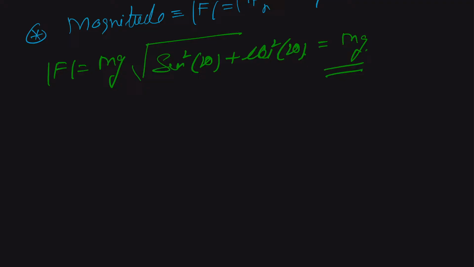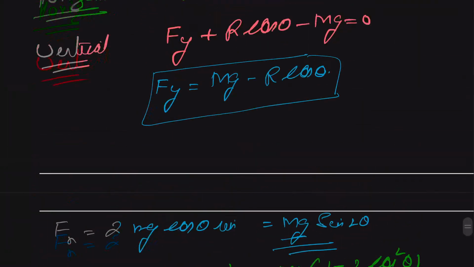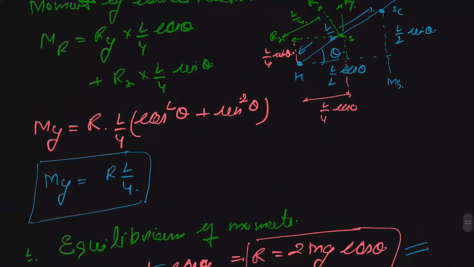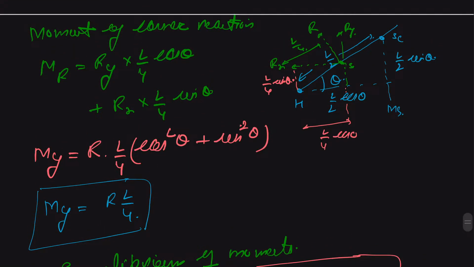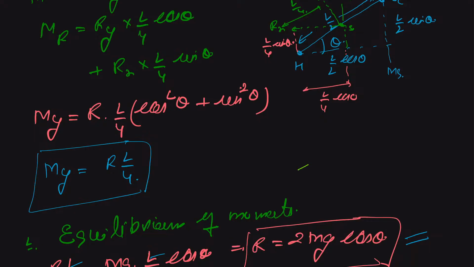Okay, and basically this F is independent of our theta. So it means that our force F, let me draw this here, so this was our hand, and force F was having two components, F of x as well as F of y, and the resultant is our F, which we just calculated, and this F is independent of theta.